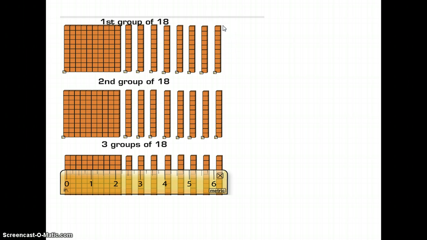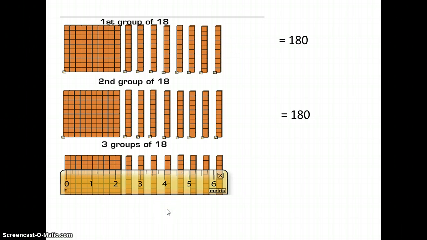And there are 8. So we know that there are 80 individual blocks. So 100 plus 80 equals 180. And we know the answer is the same for the second group because it is the same exact problem.